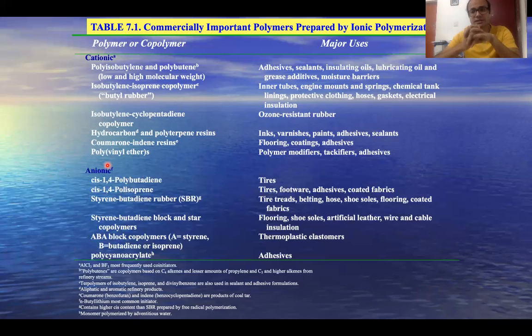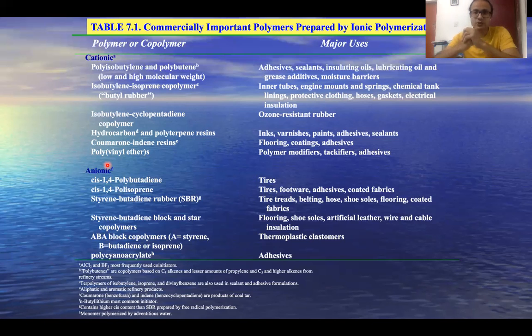All these can be synthesized using ionic polymerization. You also understood that since it involves ions, solvents play an important role, because wherever we talk about ions, we talk about solvation effects. So the solvent also plays a great role in the mechanism, in how it affects the rate of a particular reaction.